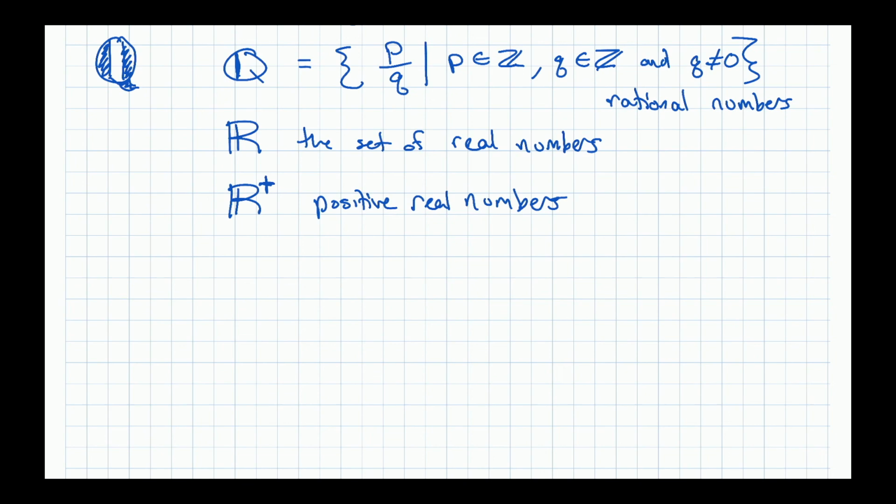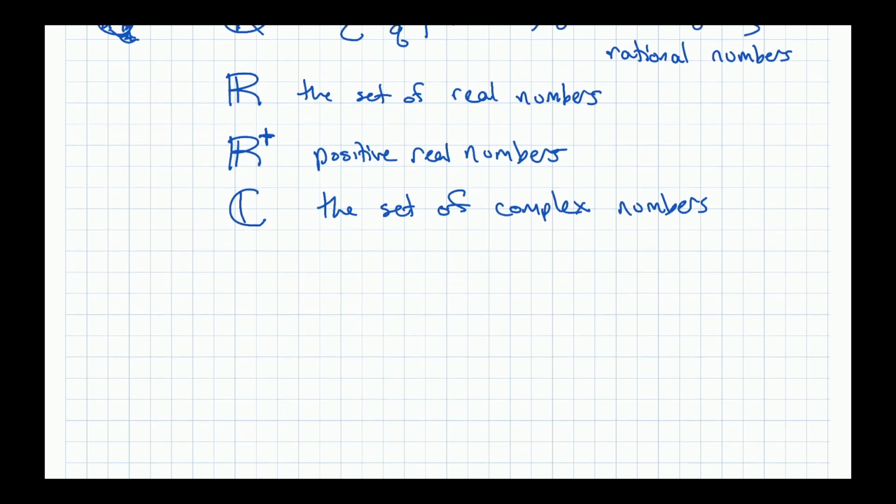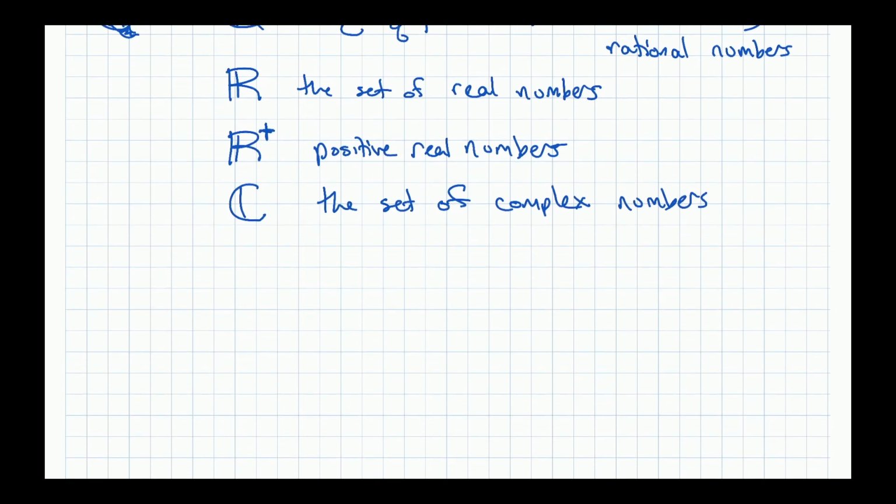And the last one that you see a lot is C, which is the set of complex numbers. I don't know how to do real numbers in a short definition, but you actually could do complex numbers, because complex numbers are imaginary numbers.